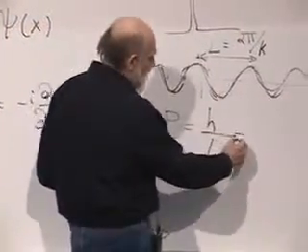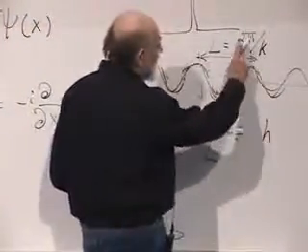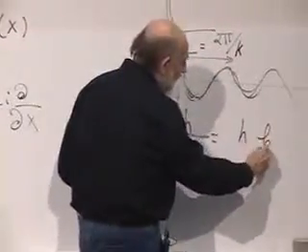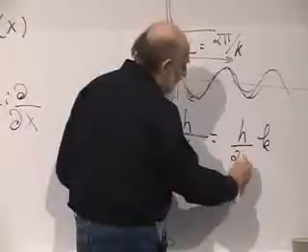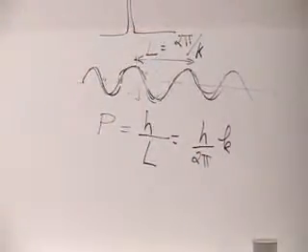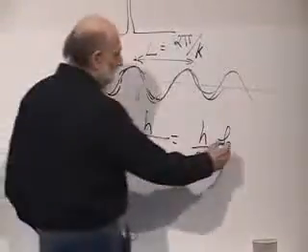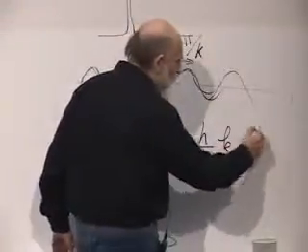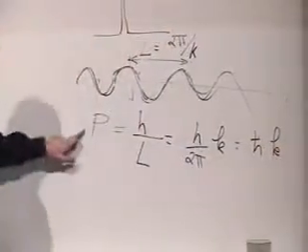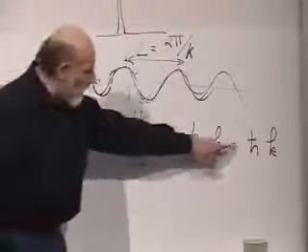That is h times k divided by 2 pi. H over 2 pi has another name. It's called h bar, Planck's other constant. Momentum is h bar times k.